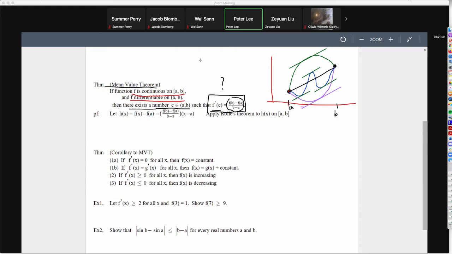How about this? Let me now give you an example. How about if the curve looks like this? Let's say we have a point here, and we have a point here. Let me redraw this curve.